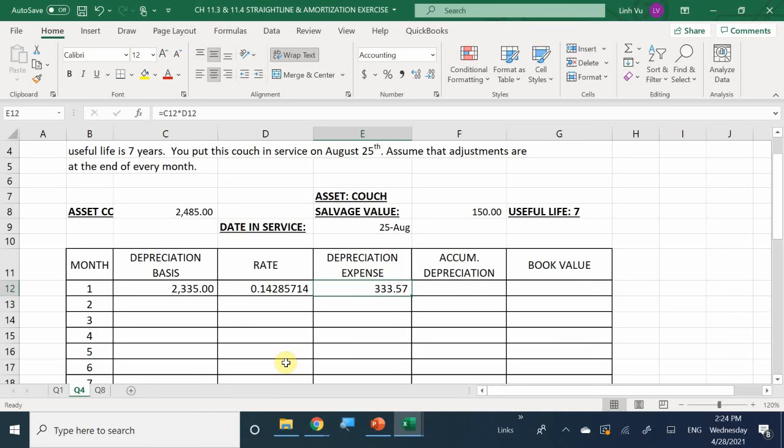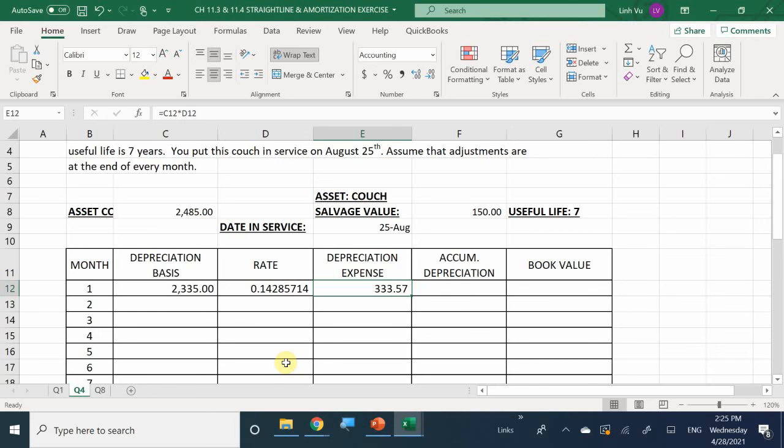Exactly. And that's the easiest thing I'm just asking you to do: once you get the full year, and I'm asking you to depreciate it every month, your assumption is, okay, that means I'm just going to divide it by 12 because there's 12 months in a year. So in this case, my depreciation expense is in fact going to stay the same because I'm doing it every month.